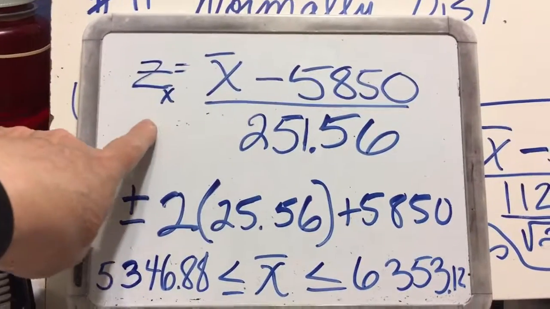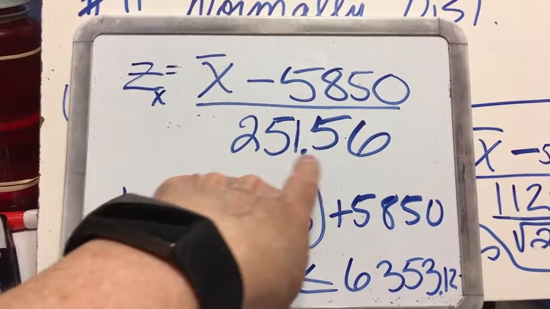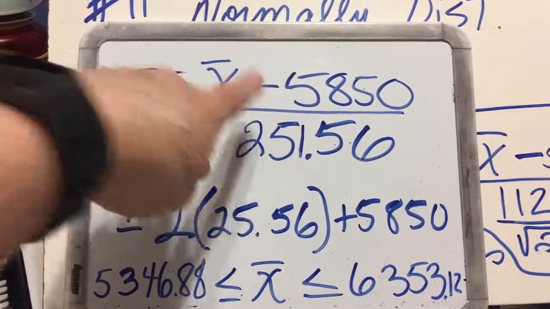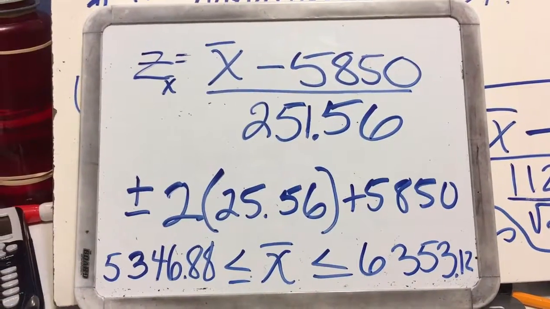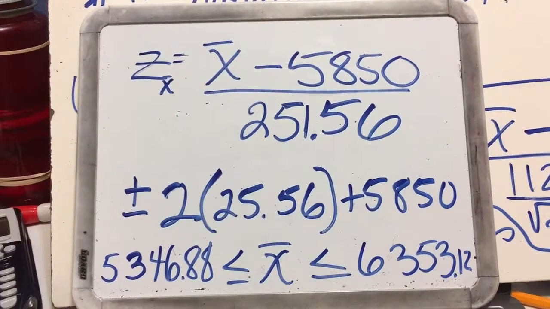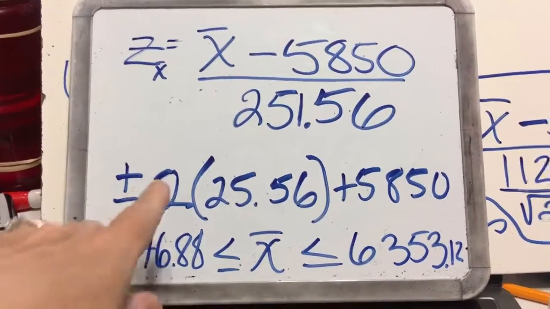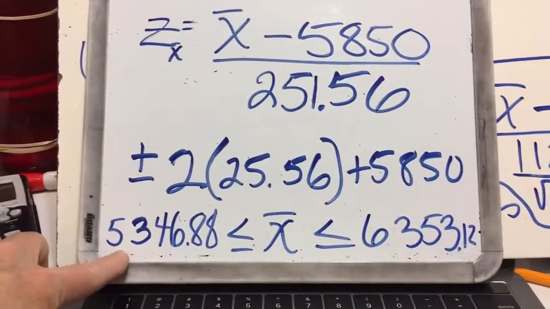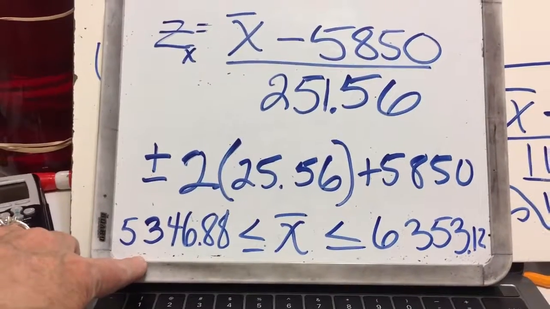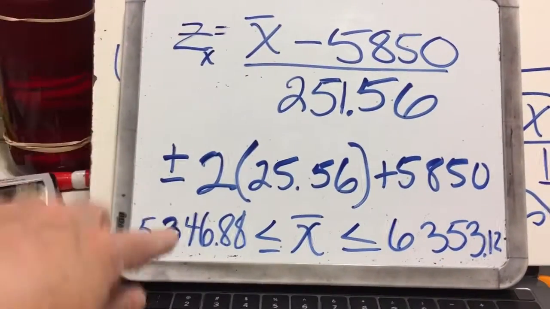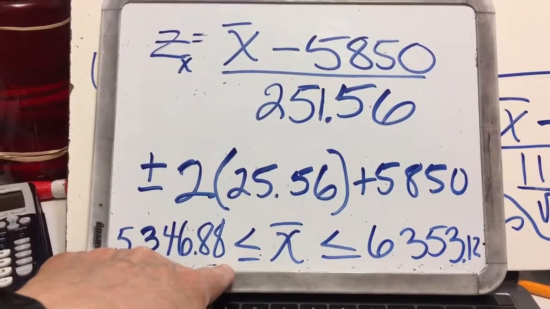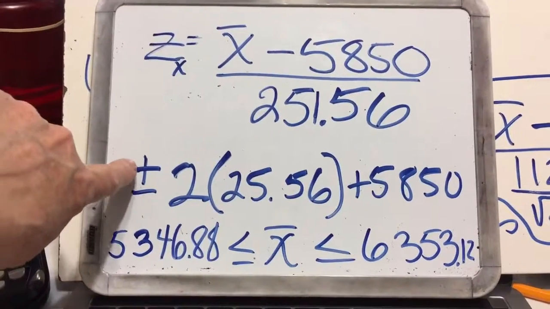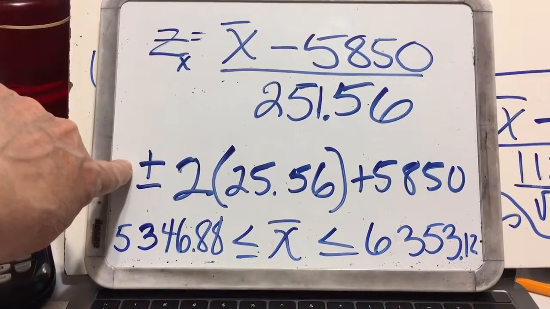So I get -2 times the 251.56 plus the 5850. I'm basically going backwards and solving for the x. When I do that, I end up with the mark of the unusual point on the left, 5,346.88.